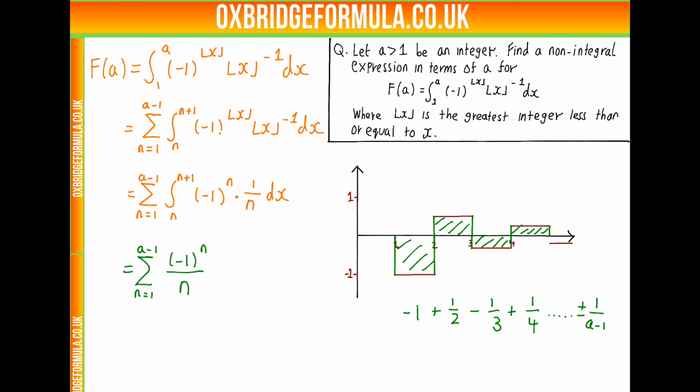So we get the sum of minus 1 to the n over n, n equals 1 to a minus 1, and so this matches this, which is very reassuring. And so either by a bit of intuition, or very rigorously with the integral and with splitting up the area we're integrating over, we have derived what f of a should be in a non-integral expression.